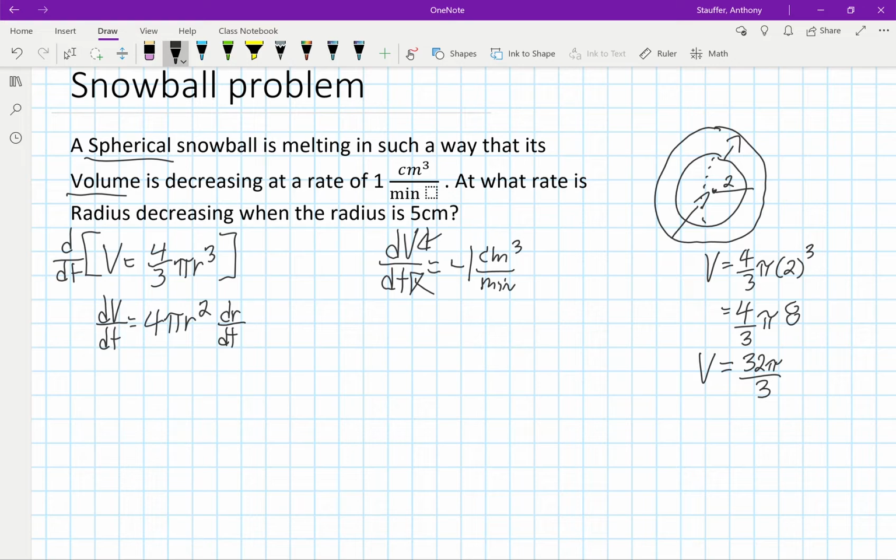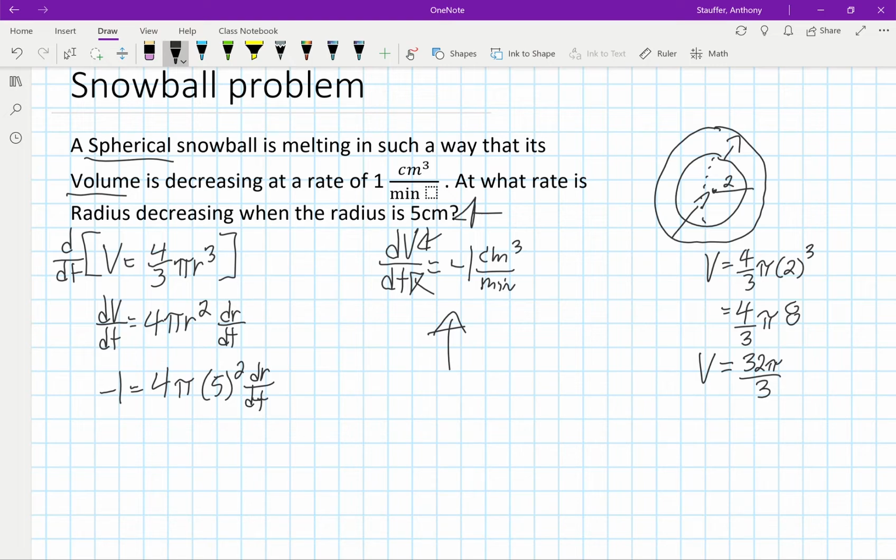Next thing. I know that my radius is going to be 5 centimeters, and from before I know that my dV over dt, or the change in my volume over time, is -1 centimeters cubed per minute. Being very sloppy, I'm going to put these values in, not really paying heed to the units. We get -1 equals 4 pi, and then my radius is 5 squared, times dr over dt.